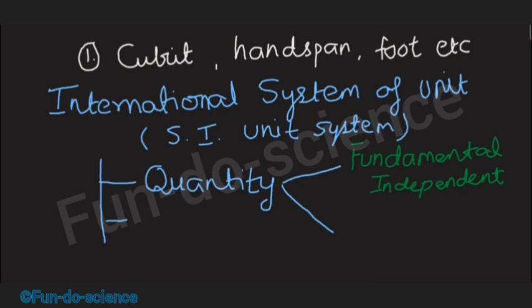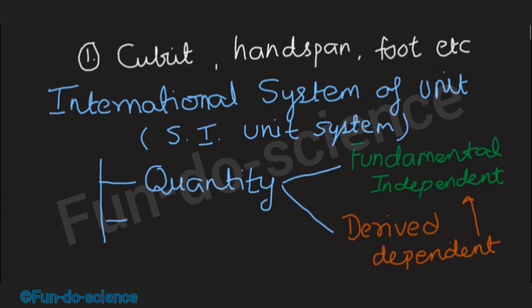That means they are completely defined on their own. While the second kind of quantities are derived quantities. These derived quantities are dependent ones, and they depend on fundamental quantities for their definition.